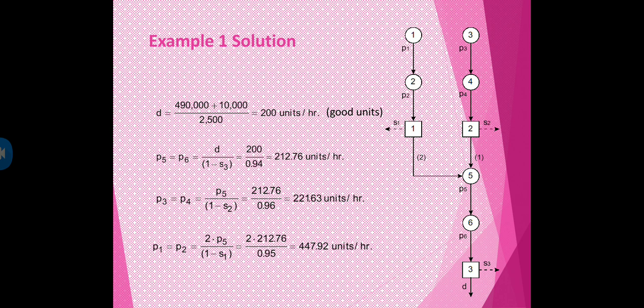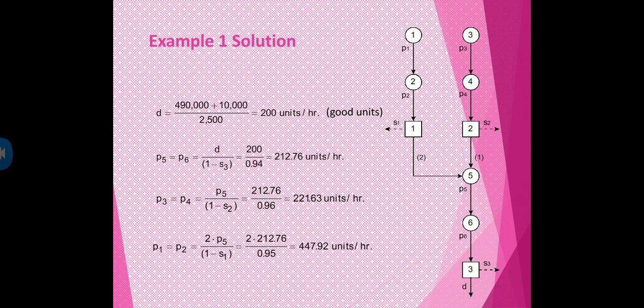After that we calculate P3 and P4. It will depend on P5, right? So we take the value of P5, 212.76 units per hour, and divide it by 0.96. We obtain 221.63 units per hour. After that we calculate the first and second stations, P1 and P2.